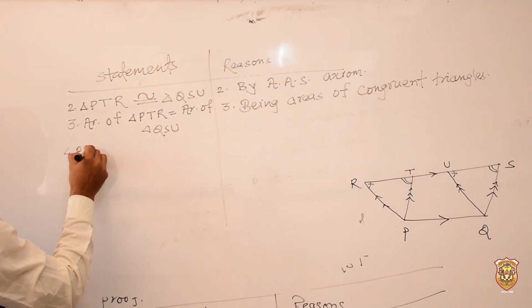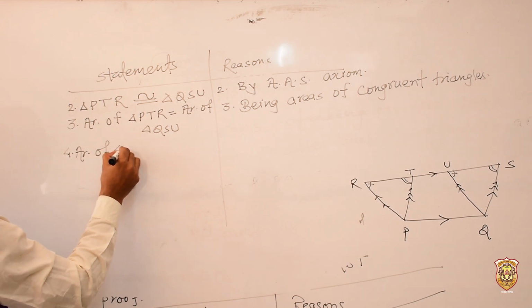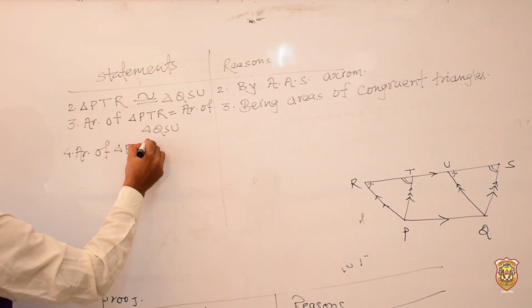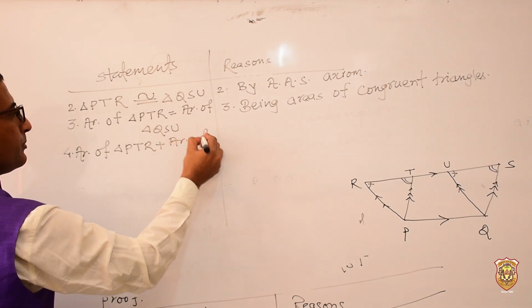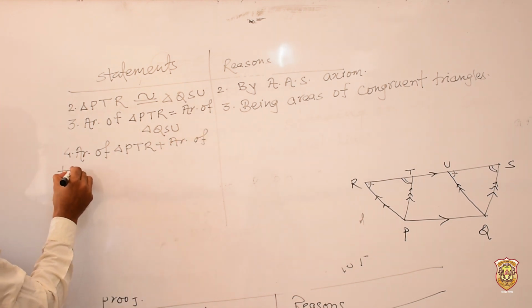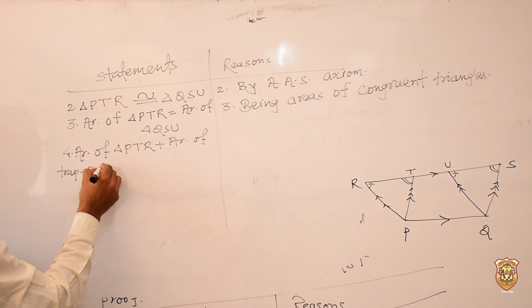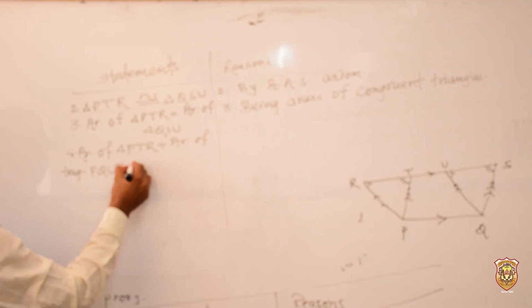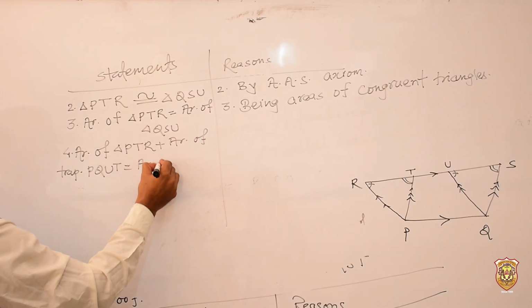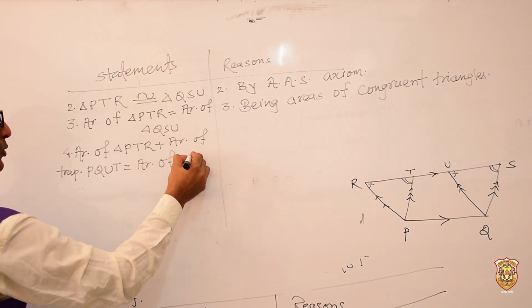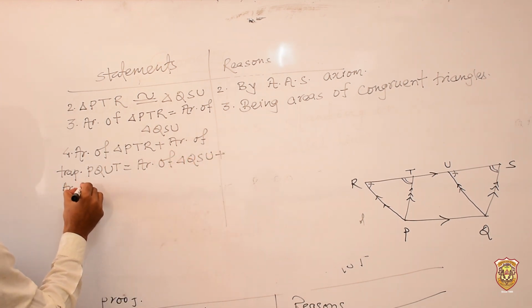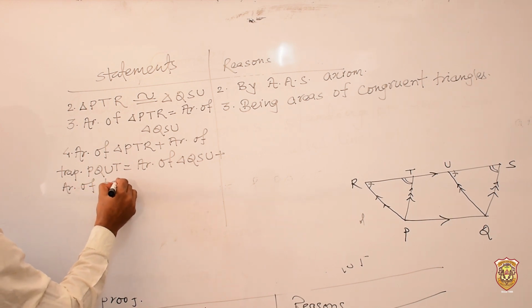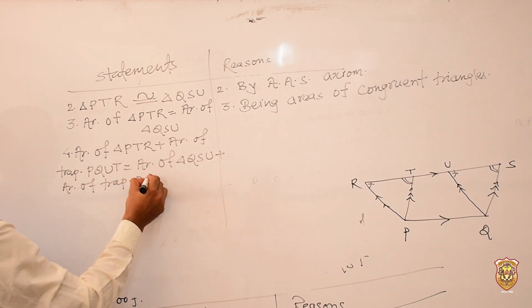Now area of triangle PTR plus area of trapezium PQUT equals area of triangle QSU plus area of trapezium PQUT.